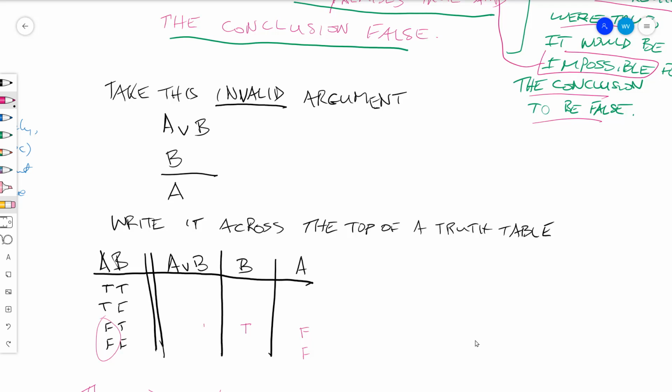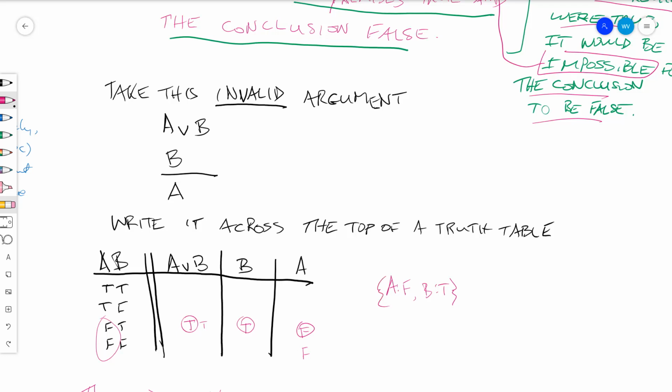And since B is true on that line, that means that the second disjunct of the first premise is true, which means the first premise is true. So we have T, T, F, and that means that this argument is not valid. In other words, it's possible for this argument to have a false conclusion when its premises are true. When is it possible? Well, on the truth assignment A is false, B is true.